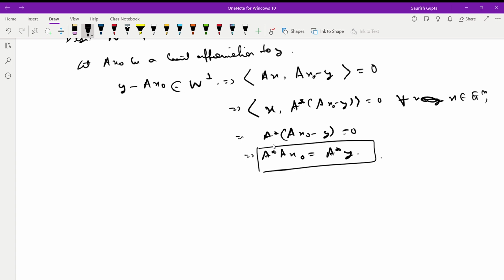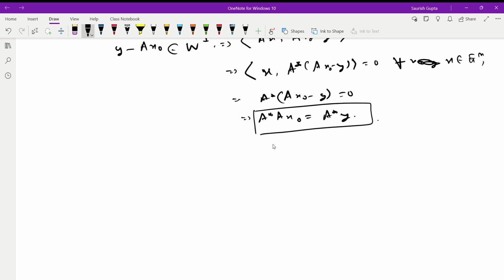They are the vectors of physical quantities which come out as the result of our experiment in terms of, let's say, time. So Y will be in our hand. A will also be in our hand because we can calculate the respective times with respect to which we are getting our experimental result. X naught is what we want to approximate, so we can easily find it by solving this matrix equation, right?